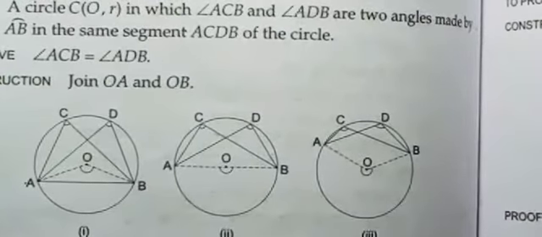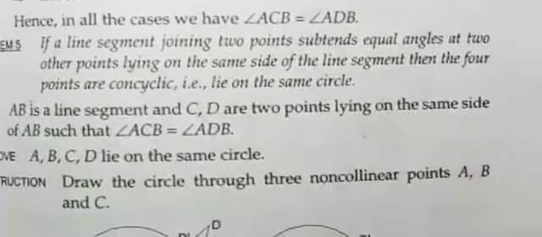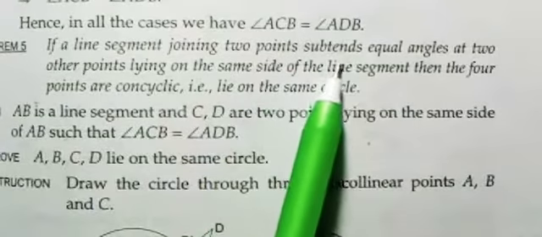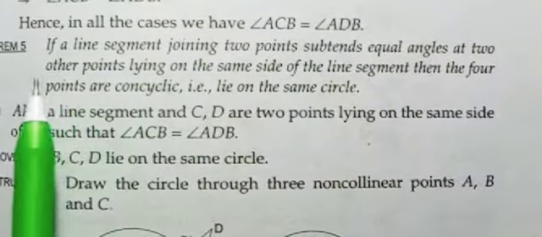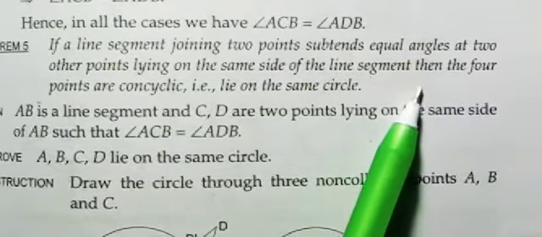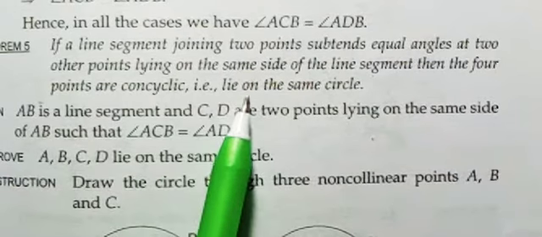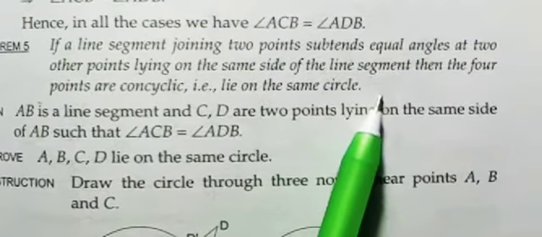Next, move to another theorem. This is the last theorem, theorem number 5. If a line segment joining 2 points subtends equal angles at the 2 other points lying on the same side of the line segment, then the 4 points are concyclic, that is, they lie on the same circle.